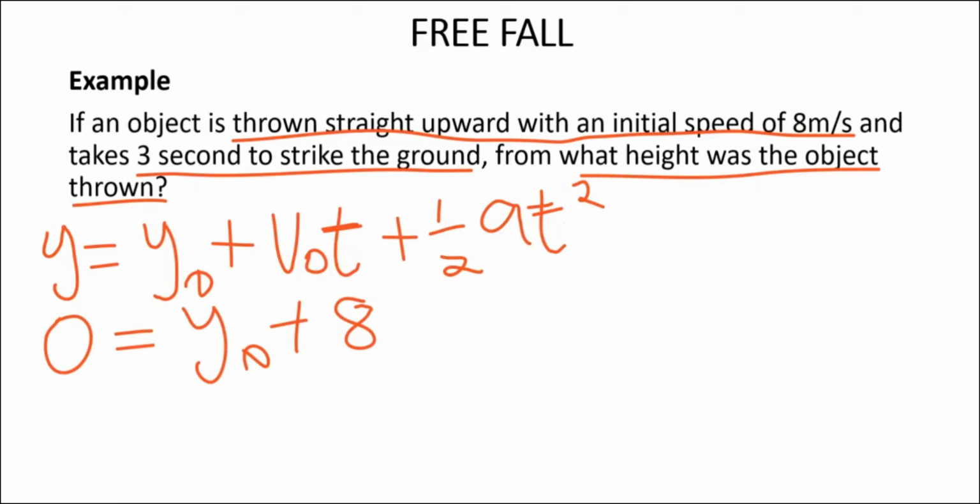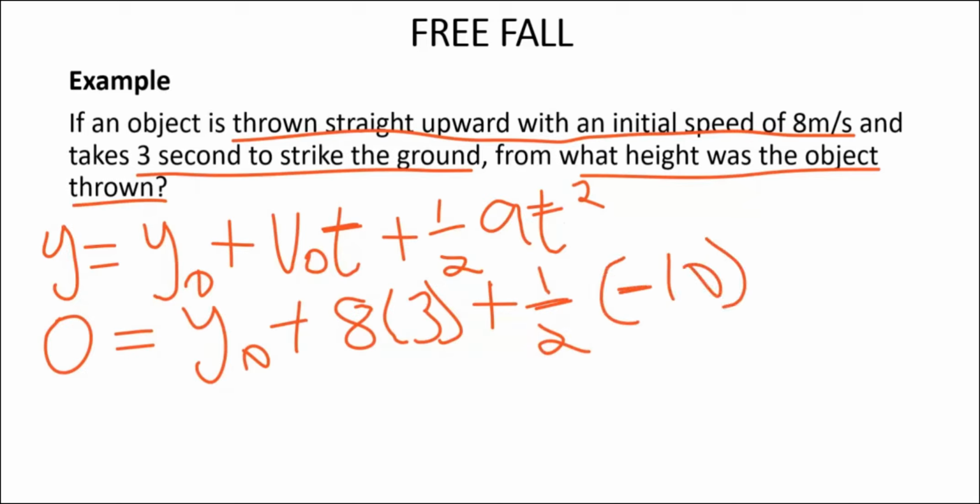That is the time. Time is 3, plus half. Gravity is -10, free fall. Then t square is 3 square.